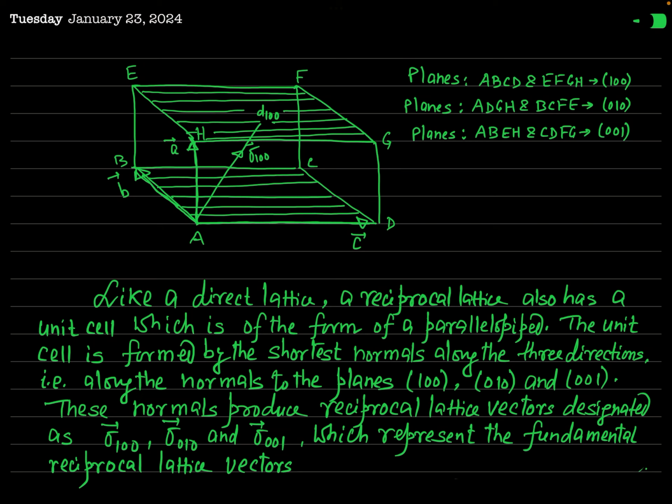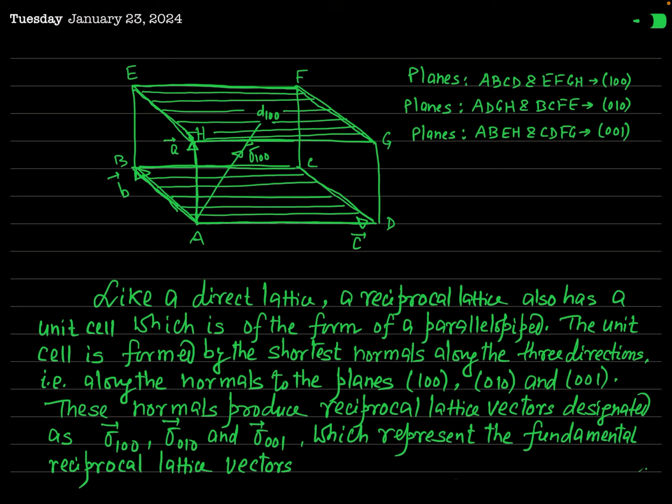In this figure, you can see the plane ABCD and the plane EFGH. These are the parallel planes. What will be the Miller indices for this?